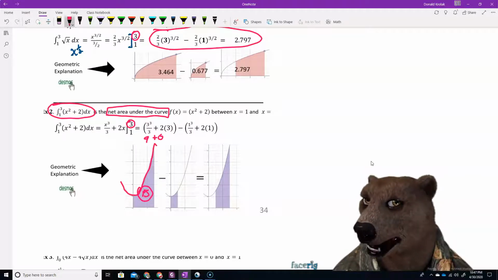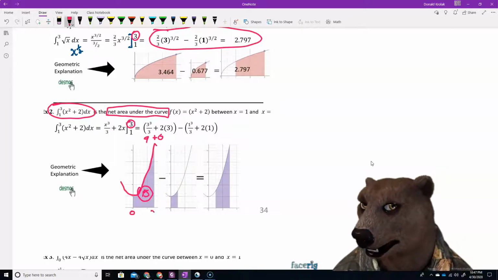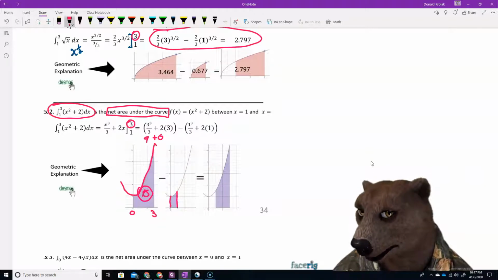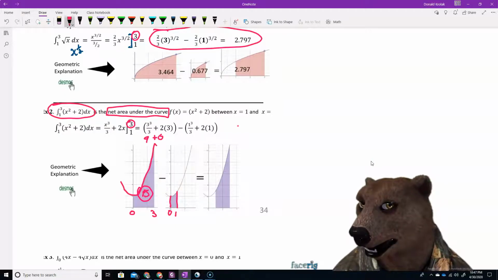Then we're subtracting the area from 0 to 3, and then we cut away the area from 0 to 1. So that would be 1/3 plus 2, so that's 2 1/3.